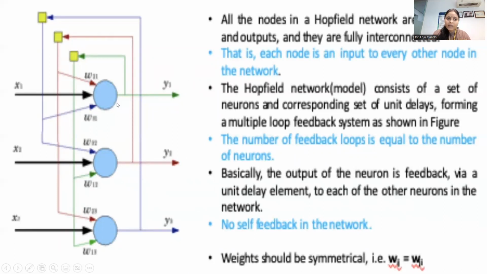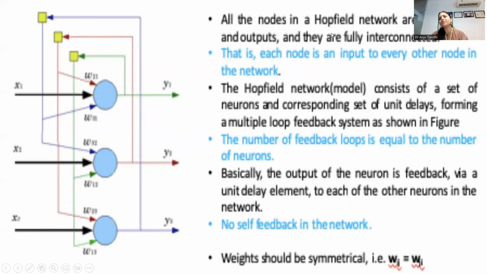Every output value releases a feedback also. For example, this neuron releases feedback and it goes to the rest of the neurons, but not to itself. Then again, another releases one feedback and it goes to the rest of the two neurons.